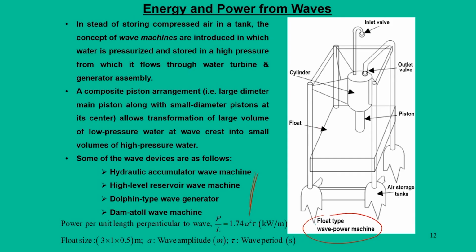With a float of this dimension, and this is of course experimental evidence, at a given location, if the wave amplitude is A and the wave period is tau, then for this wave machine, which normally runs by storing water, the power per unit length perpendicular to the wave follows a relation: P by L is equal to 1.74 A square into tau.